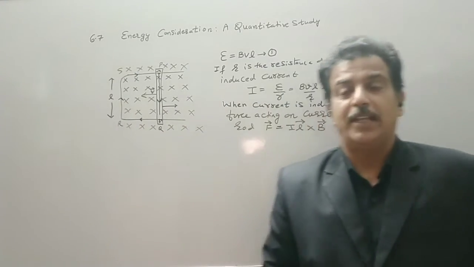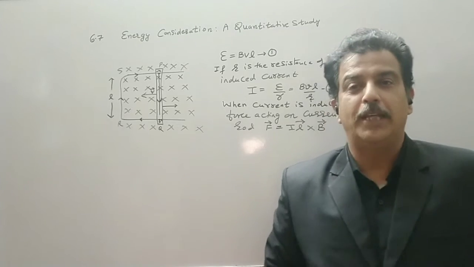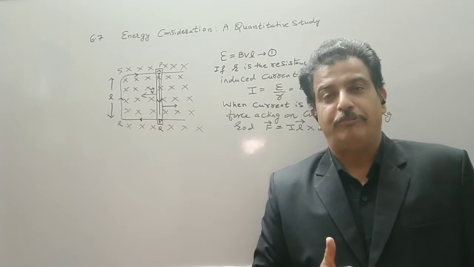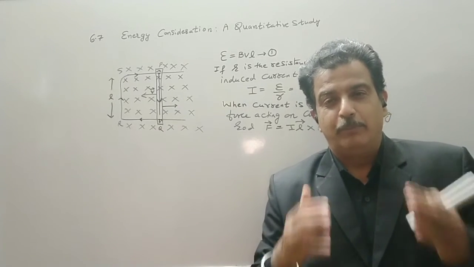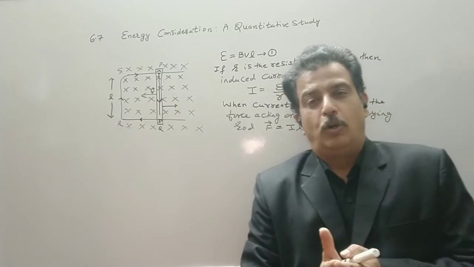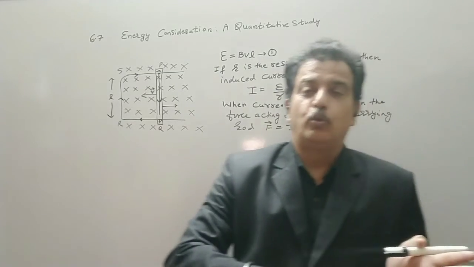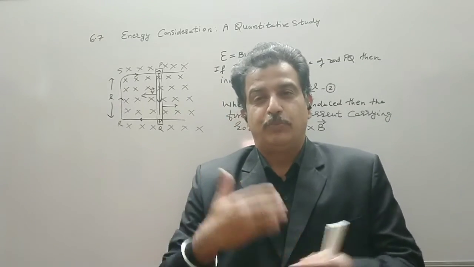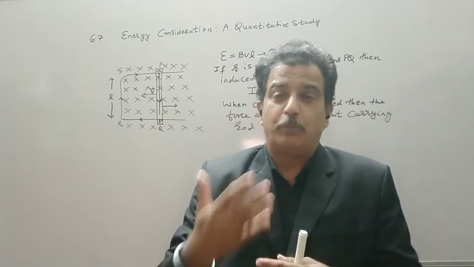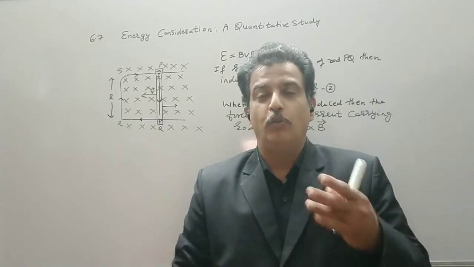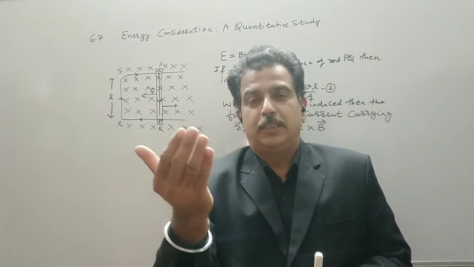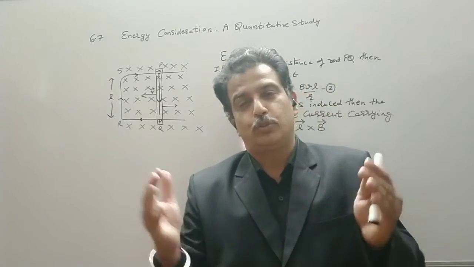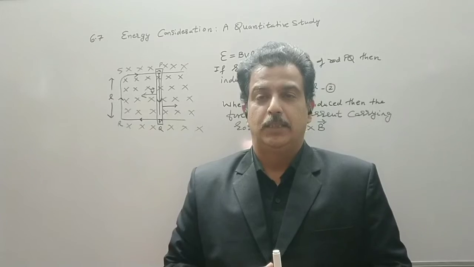This force is known as Lenz's force. And what was the Lenz force in the experiment of Faraday? When we move the north pole of a bar magnet towards the coil, the coil face behaves like a north pole, which means it opposes the motion. And how we learned: if it comes near, don't let it come, and if it goes away, don't let it go. So Lenz's force should always oppose our motion.